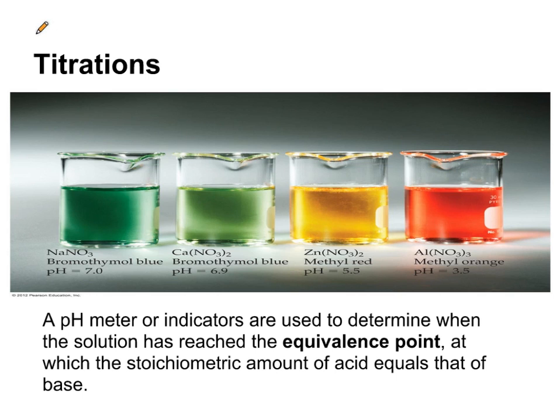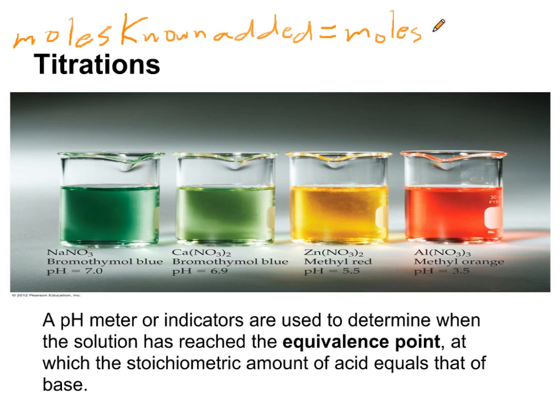So when you've reached the equivalence point of a titration, the moles of the known that you added are equal to the moles of the unknown that were already there. A lot of times people will just say moles of acid is equal to the moles of base.